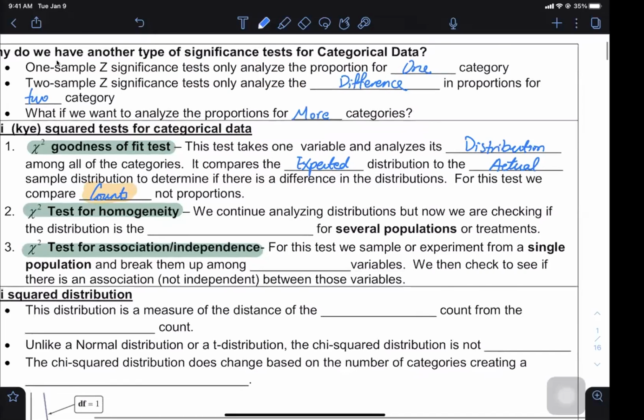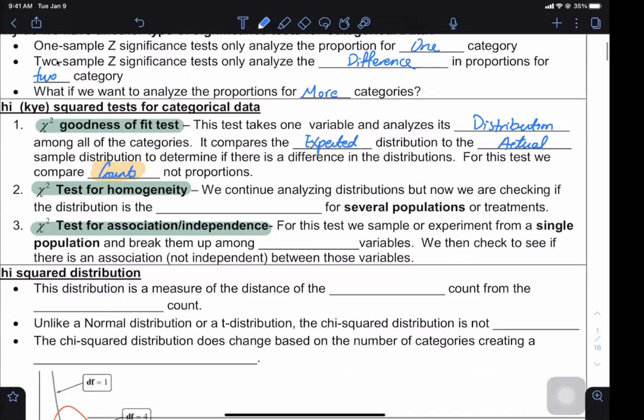The test for homogeneity analyzes distributions, but now we are checking if the distribution is the same or different for several populations or treatments.